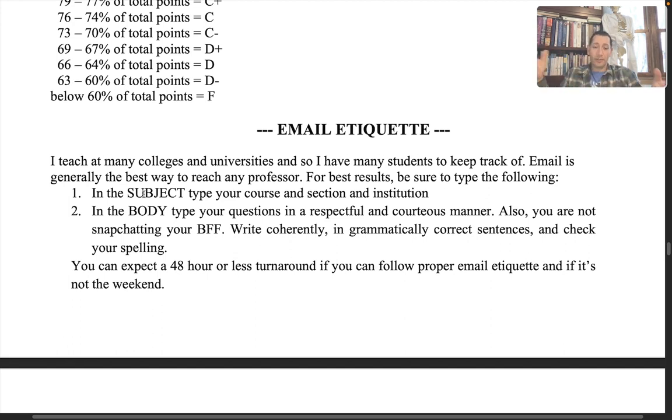If you use your personal email, so-and-so 12345, I don't know why people do that, it's not a password. It's just going to go back and forth. Who the heck are you? So just tell me who you are. Put it somewhere in the subject or the body.